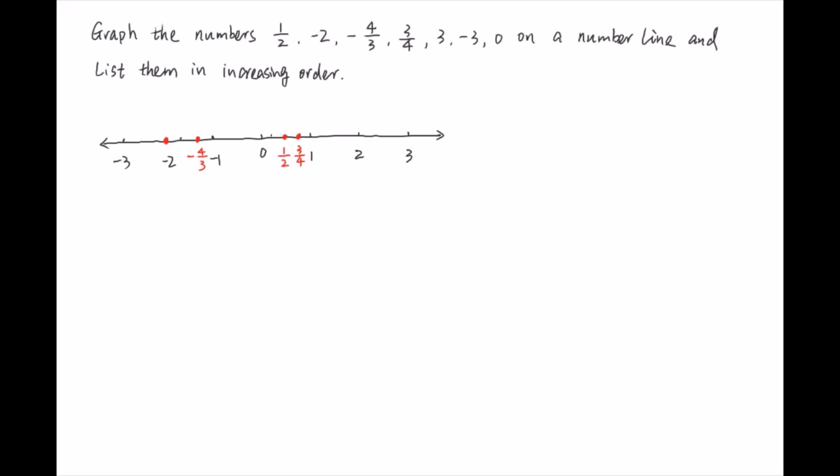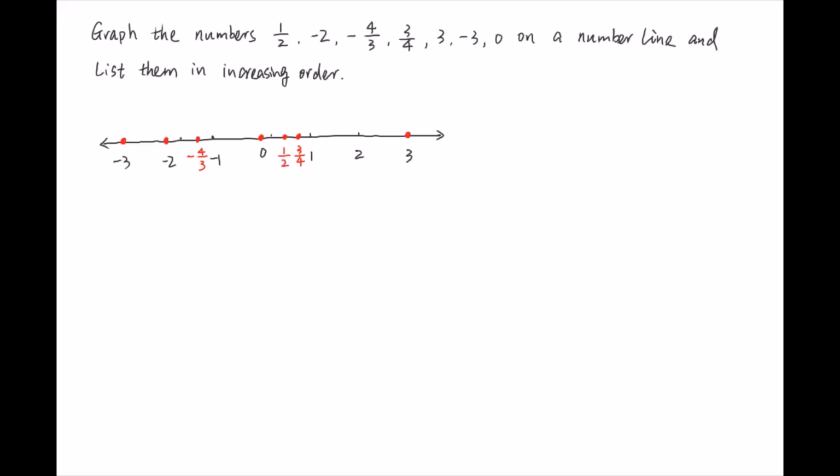Next number, 3. Next number, -3. The last number, 0. Now we have graphed all these numbers on this number line.